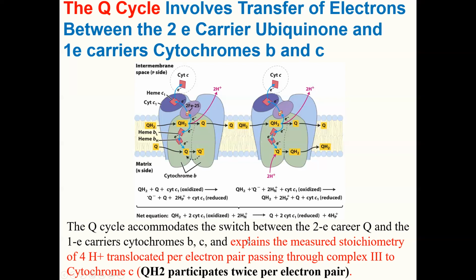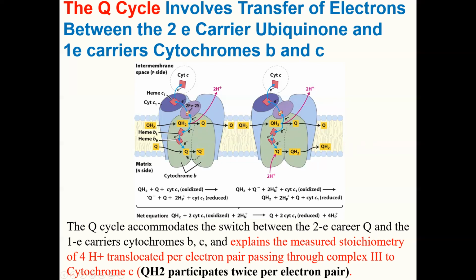So the Q cycle literally accommodates the switch between this 2 electron carrier Q and the 1 electron carriers, cytochromes B and C. And it also helps explain the measured stoichiometry of 4 protons that are translocated per electron pair that goes through complex 3 to cytochrome C.